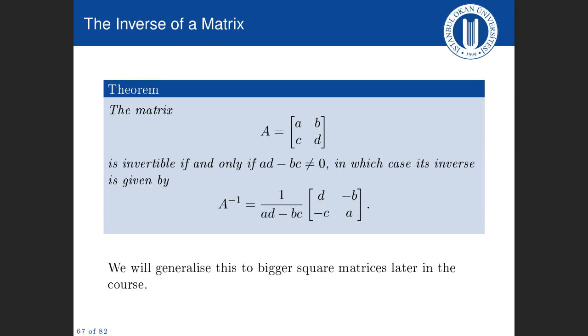We take A and D and we swap their positions. And then the other two, the B and C, we put minus signs on. I'm not going to prove this now because we're going to generalize this idea to bigger square matrices later.